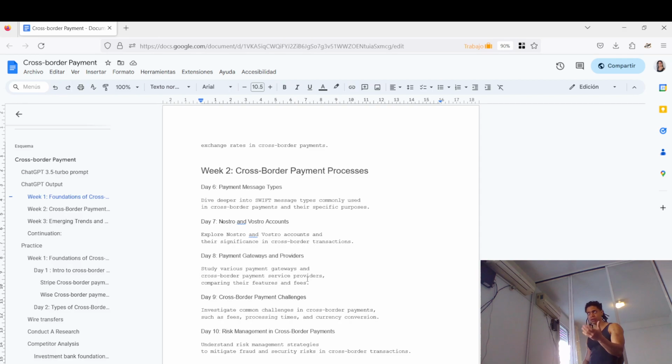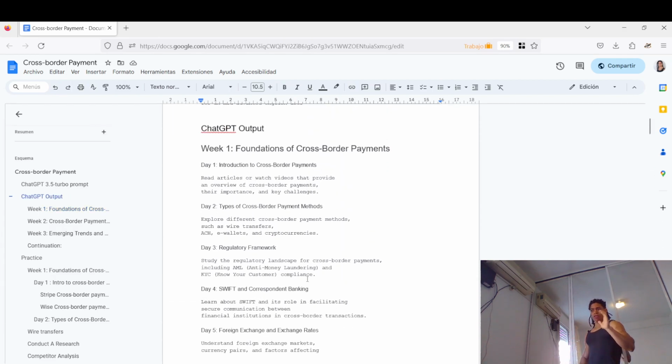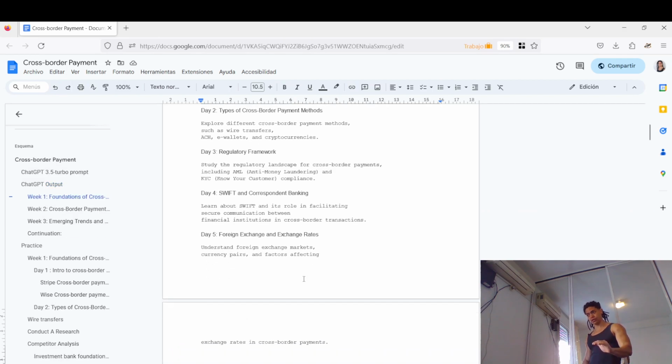based on the ChatGPT output, it was on the week one. Of course, this actually has taken me more than anticipated, but it first focuses on the fundamentals, or the foundations, right?